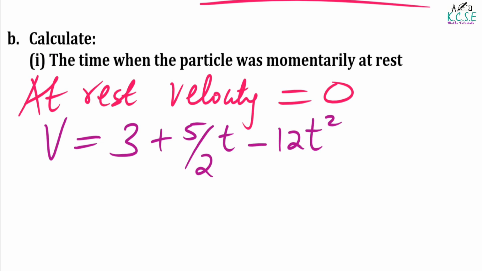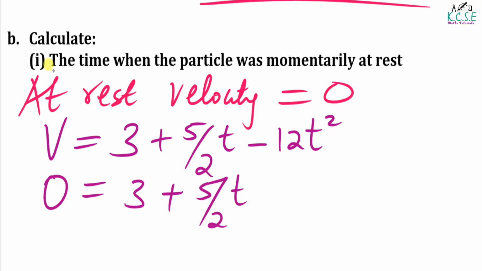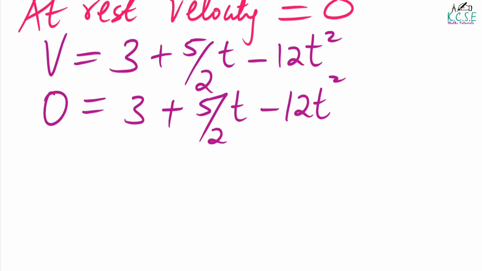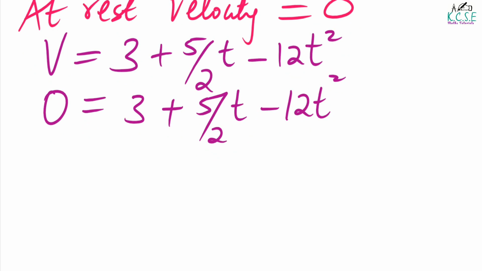So velocity equal to 0: 0 is equal to 3 plus 5/2 t minus 12t squared. So we need now to reorganize this to form a quadratic equation, and then we solve it.